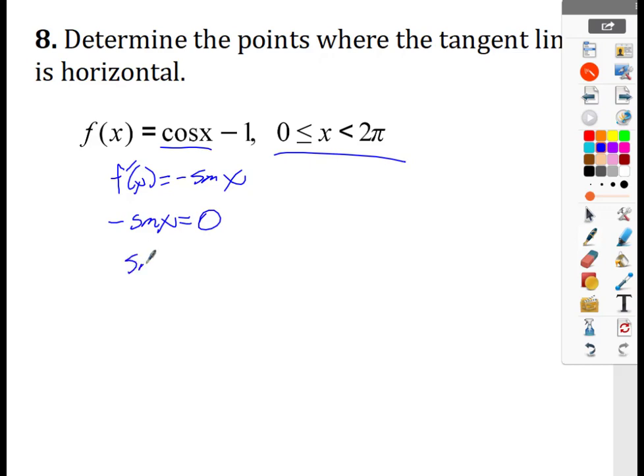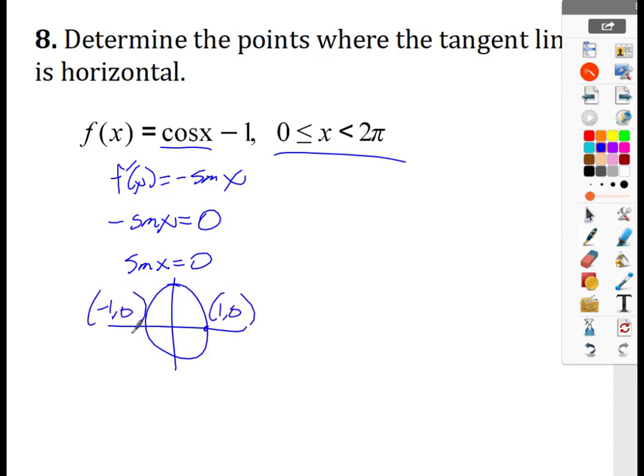So divide by negative 1, so sine of x equals 0. Where does that happen? That is a quadrantal. Our sine value is 0, so that happens here, and it happens here. So our x values, our solutions, are 0 and pi, but we want the points, so we need the y value. So we take 0 and plug it into the original one.